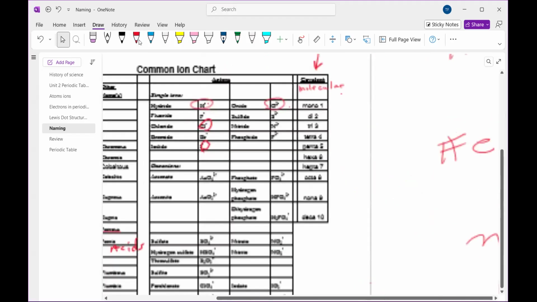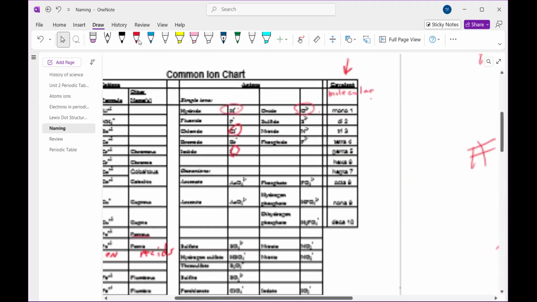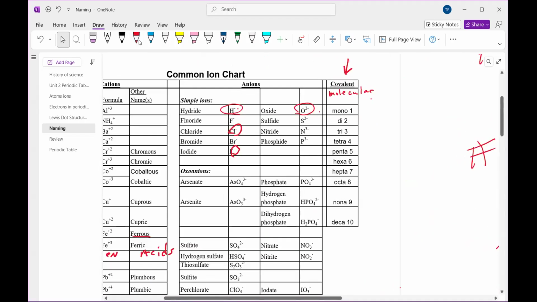Nitrate, and that one's -3. And oxide's -2.